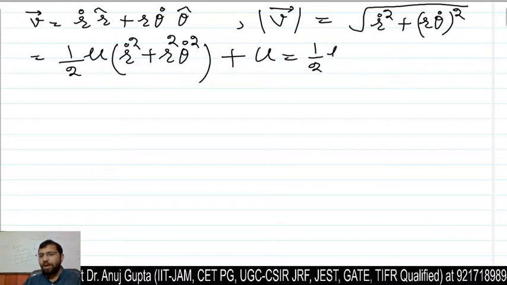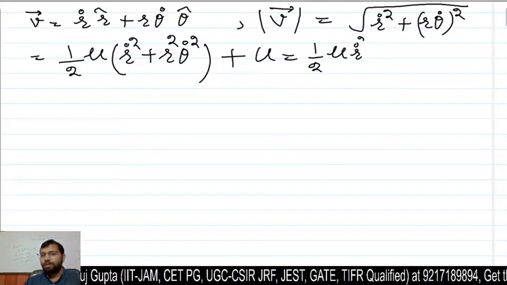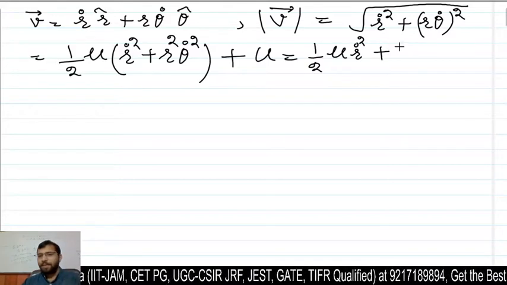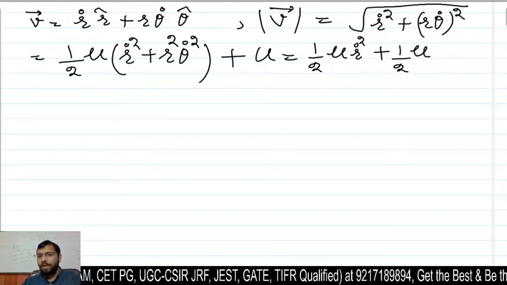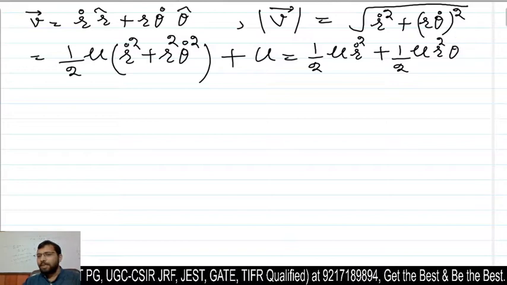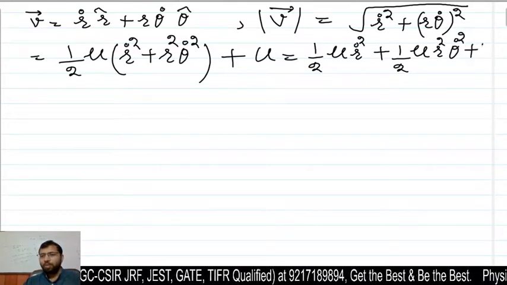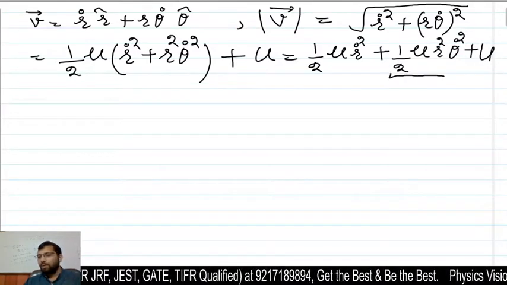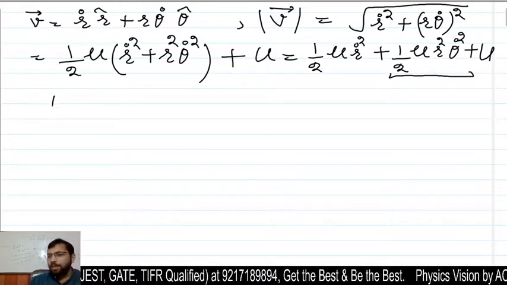So this gives you half of mu r dot square plus half of mu r square theta dot square plus u.